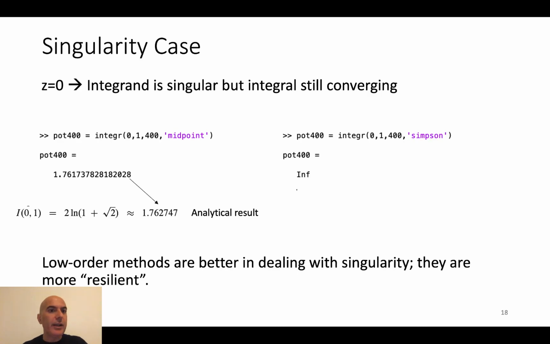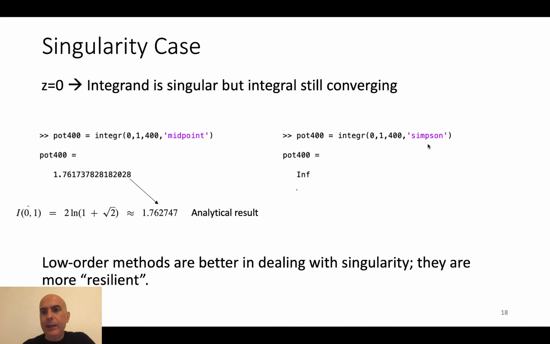One interesting point that the book also makes is: what is the integral for z equal to 0? The integral is singular, but it is still converging. We can calculate analytically that it is equal to this point here. If we apply the midpoint rule, we get results that are quite good compared to the analytical results.